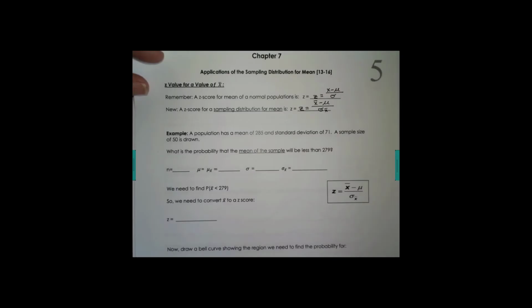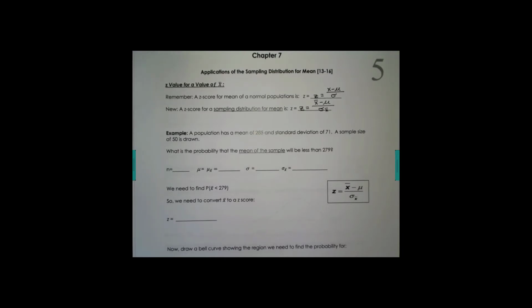So let's take a look on page 5 at this example. We have a population that has a mean of 285 and a standard deviation of 71. We draw a sample size of 50, so really it doesn't matter whether that population was normally distributed or not, does it? We've got a big enough sample size to take care of it.